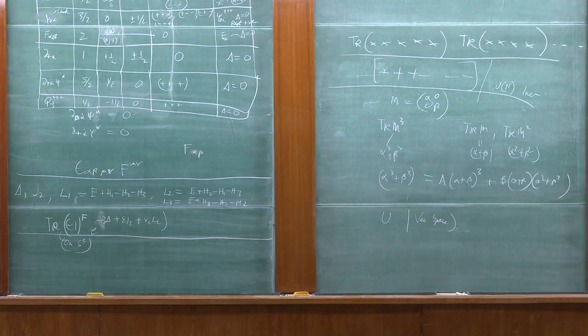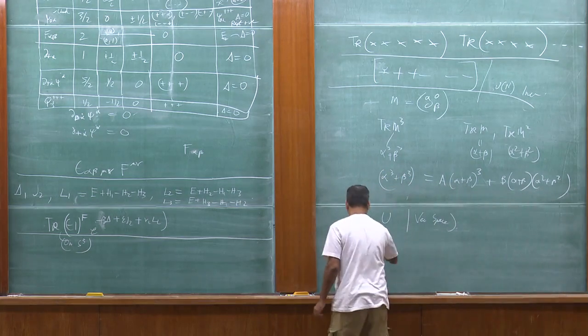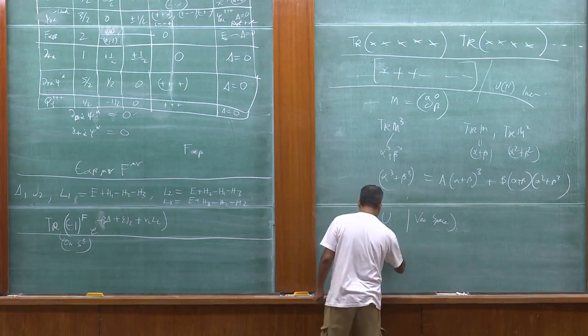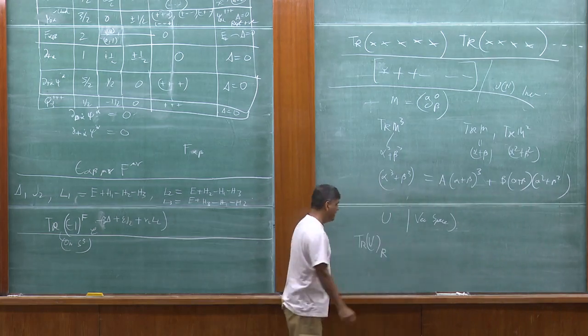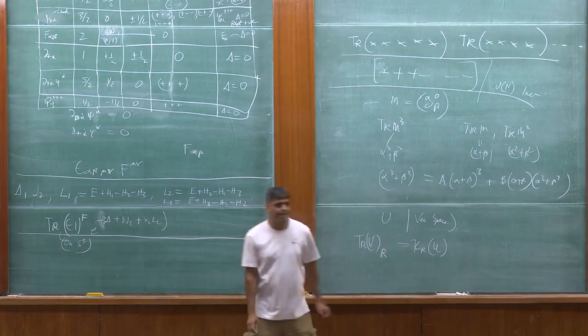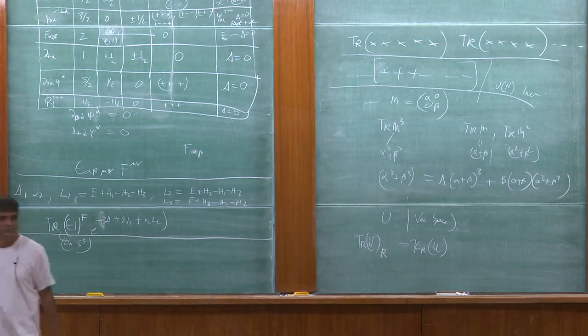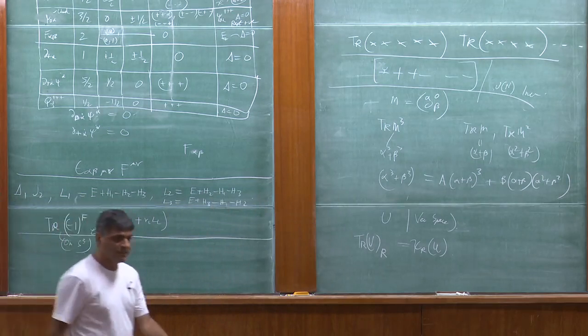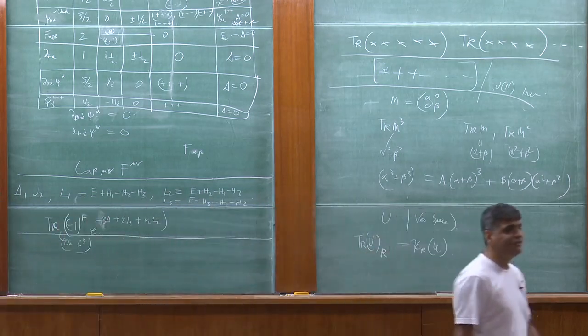Then U is some matrix. Trace of U in representation R is sometimes called the character chi R of U. Is the definition clear?